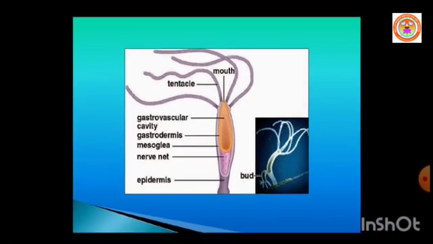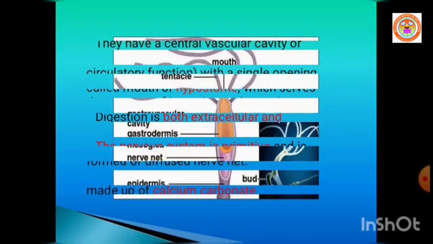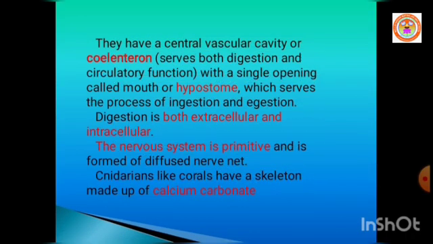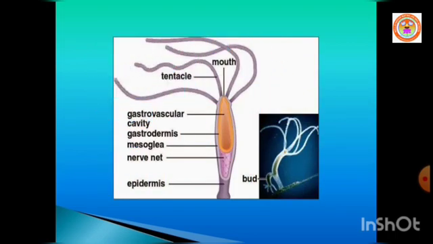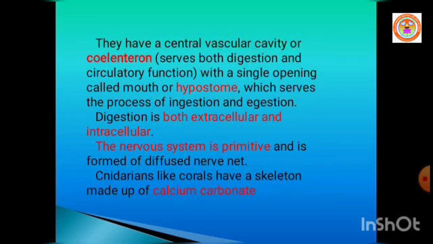The coelenteron serves both digestive and circulatory functions, with a single opening, the hypostome, which serves for both ingestion and egestion.